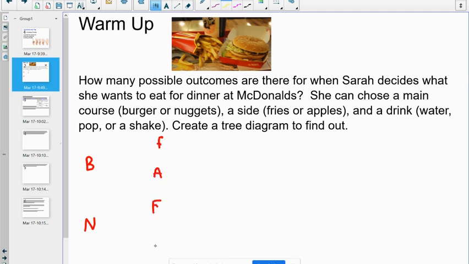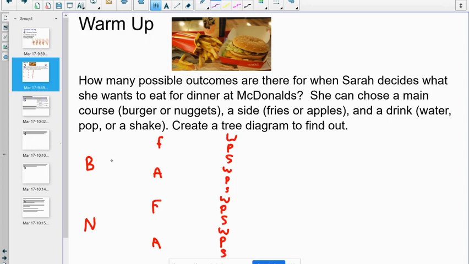Do the same thing. If you pick nuggets, you can still have either choice of fries or an apple. And then for your drink option, you can choose water, pop, or a shake. And that's going to continue all the way down. Water, pop, shake, water, pop, shake, water, pop, shake.